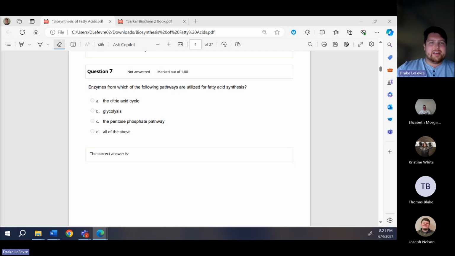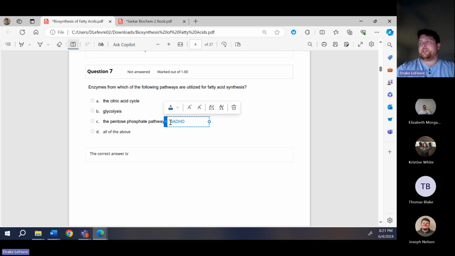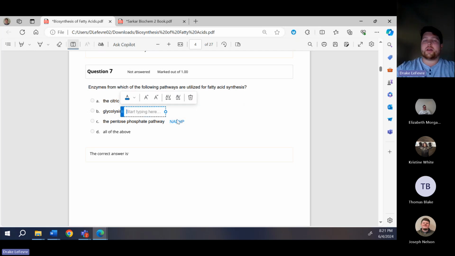Okay. Enzymes from which of the following pathways are utilized for fatty acid synthesis? So if we look at this citric acid cycle, glycolysis, pentose phosphate pathway. We know that from the pentose phosphate pathway, we're getting that NADPH. With glycolysis, when we looked at the transport of the acetyl-CoA, part of that was turning things back into pyruvate to get it back across.